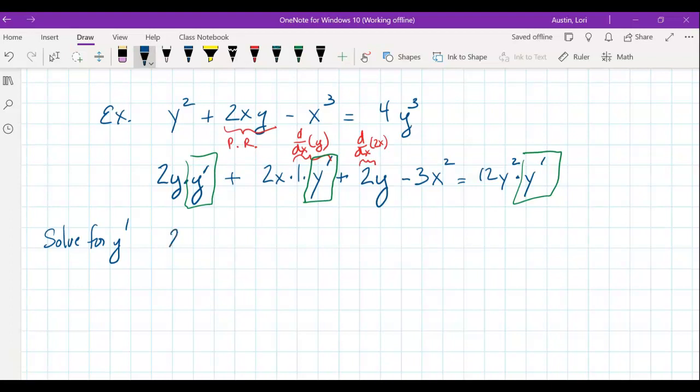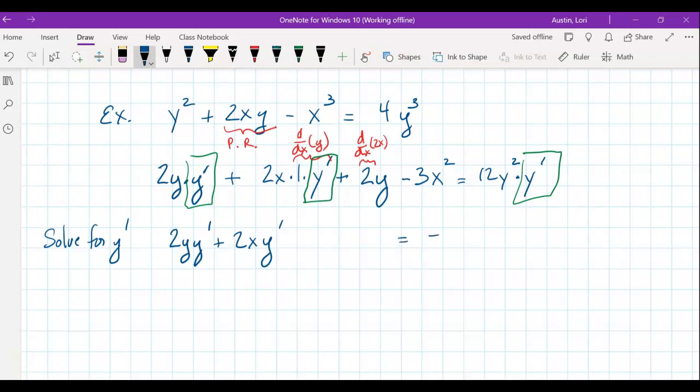So I have 2y y prime. I'm leaving that one on that side. Plus, I'm going to clean that up a little bit, 2x y prime. Leaving that one on that side.